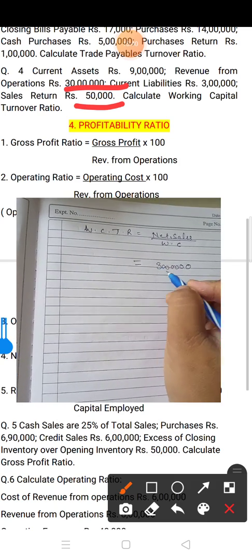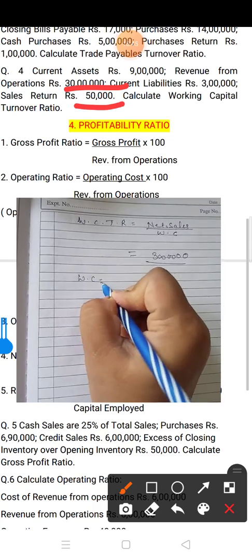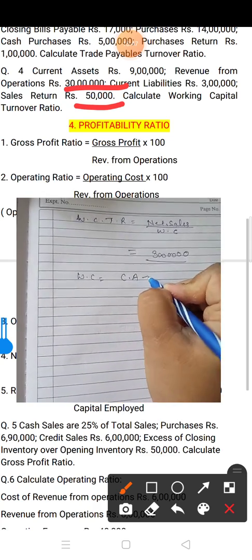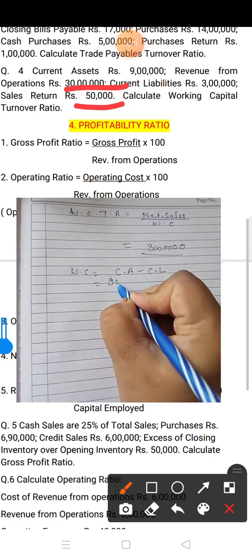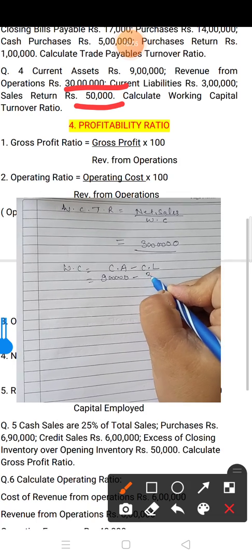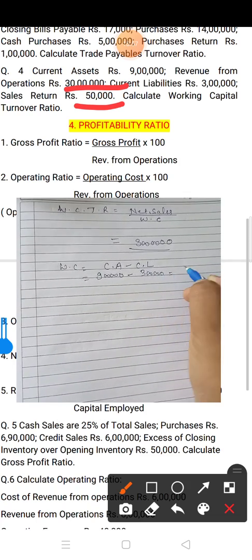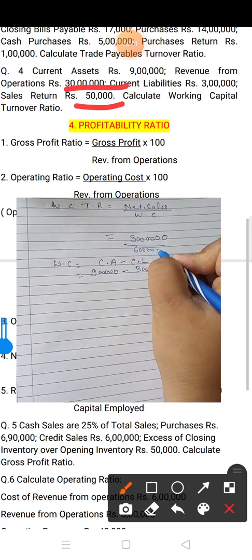Okay. Now working capital you have to calculate. The formula for working capital is current asset minus current liability. Current asset value is given 9 lakh minus current liability value is given 3 lakh. So it is equal to 6 lakh. Working capital is 6 lakh.